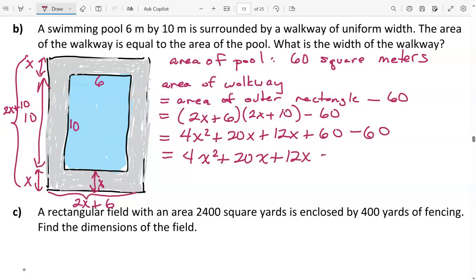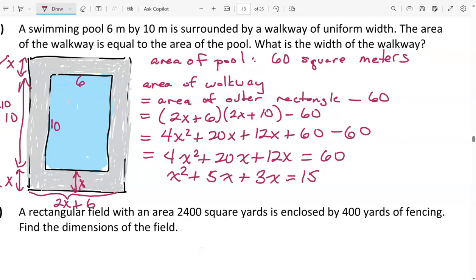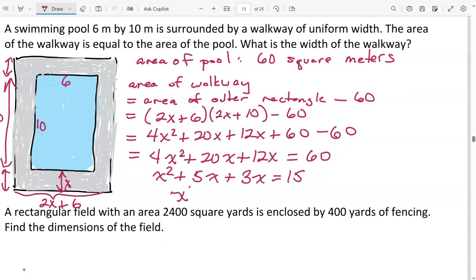And we were told that that is equal to 60. I'm going to divide by 4 so that we get x squared plus 5x plus 3x is equal to 15. So we get an equation x squared plus 8x minus 15 is equal to 0.